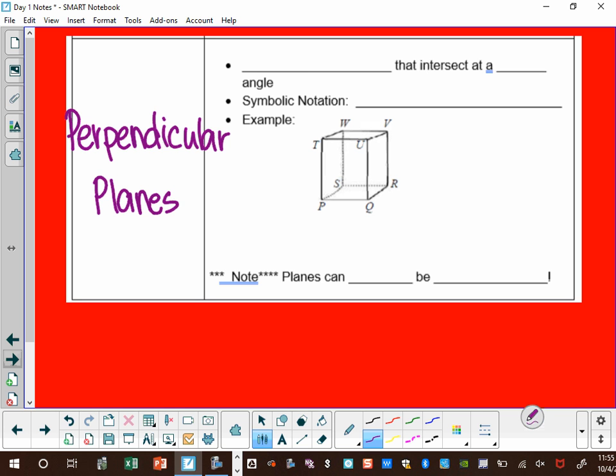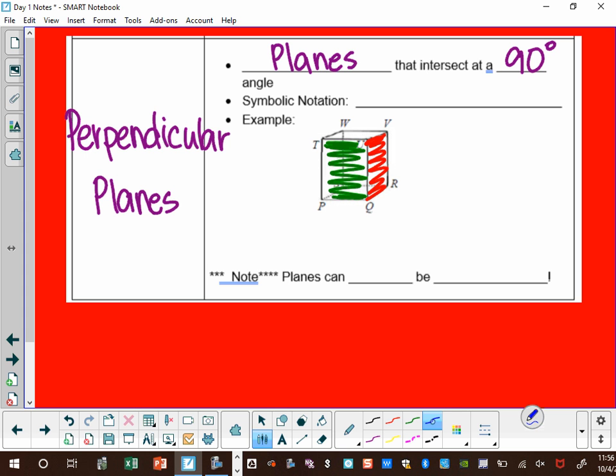Perpendicular planes are planes that intersect at a 90-degree angle. So that means if we look at my example, I got my tissue box. If this is the front of it, I'm going to color this in. Okay, that's the front of my tissue box. Anything that is touching this front face is going to be perpendicular. So let's do the one on the side.